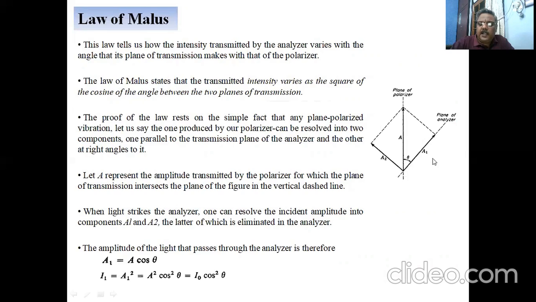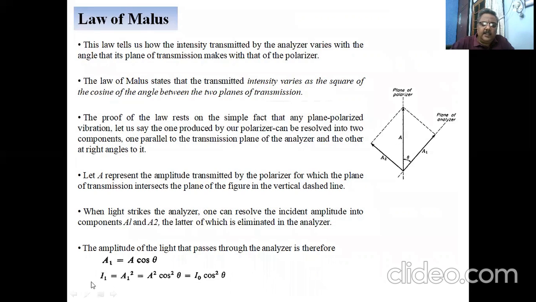And the amplitude of the light that passes through the analyzer is therefore given as A1 is equal to A cos theta. This is the horizontal component, and A2 will be equal to A sin theta. So we are concerned with this A1, which is equal to A cos theta.